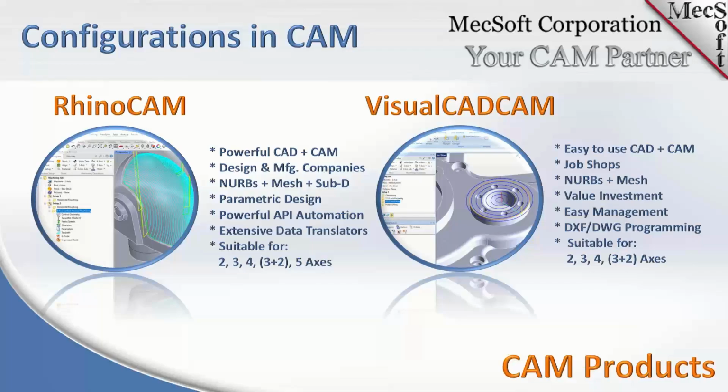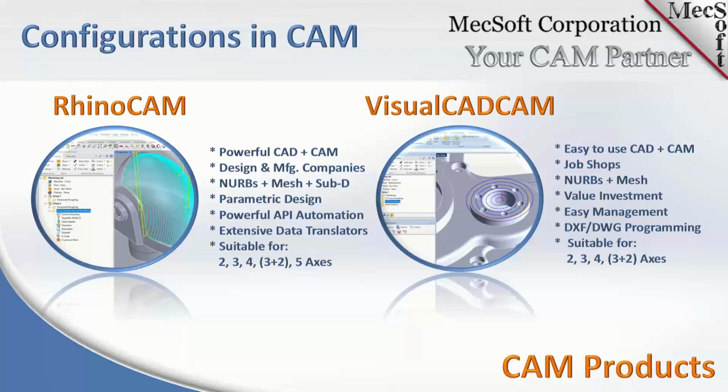We don't have sub-D in VisualCADCAM. And in Rhino, obviously, you have parametric design and powerful API automation. Then you have extensive data translators in Rhino, and this combination is suitable for our complete line of configurations, from 2-axis all the way up to 5-axis continuous.